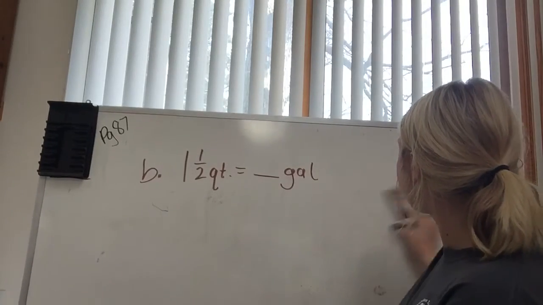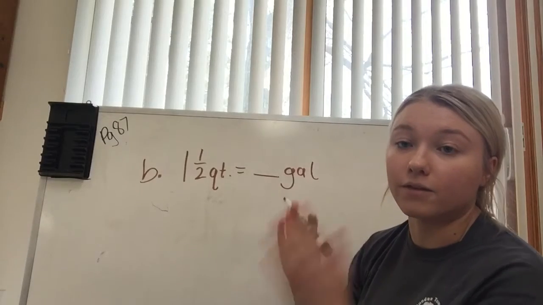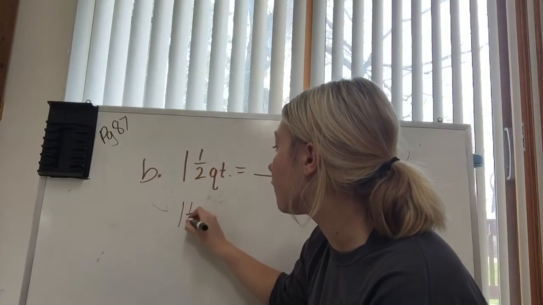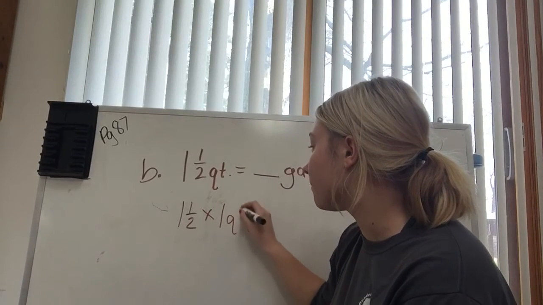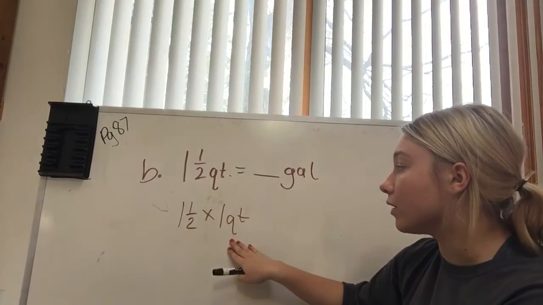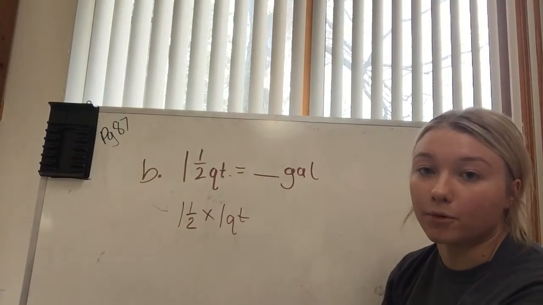All right, so just like they do that, we have to split this up so we have the right units, all right? So I'm going to have 1 1/2 times 1 quart, okay? So this number, 1 1/2 times 1 quart, is equal to 1 1/2 quarts, okay? We just want to separate the unit.